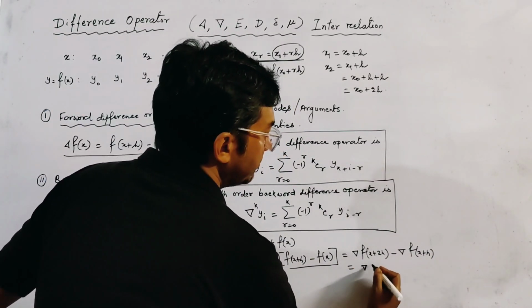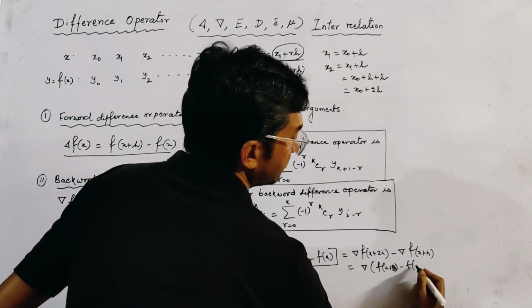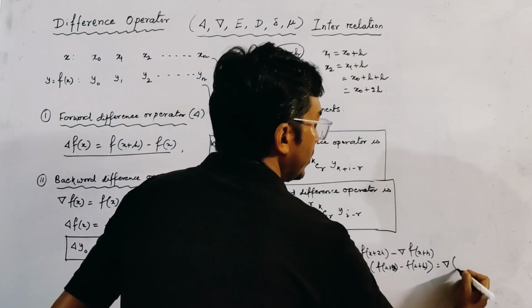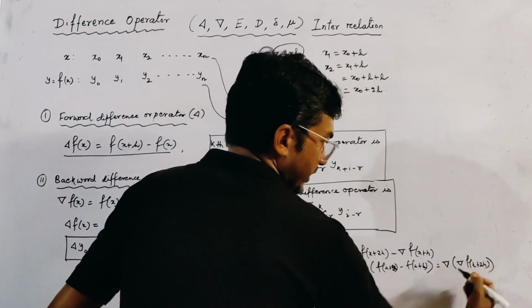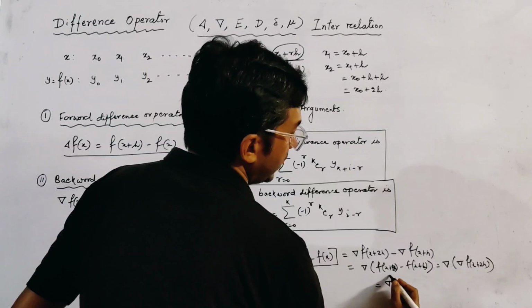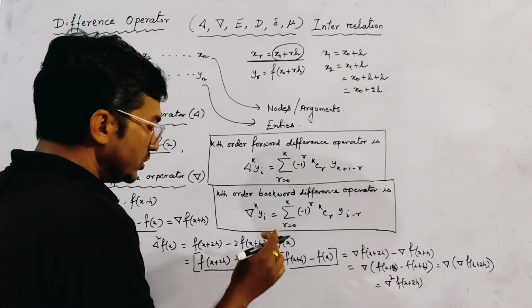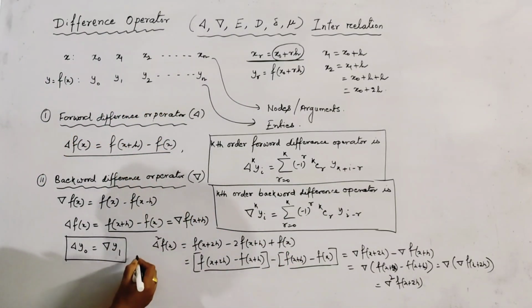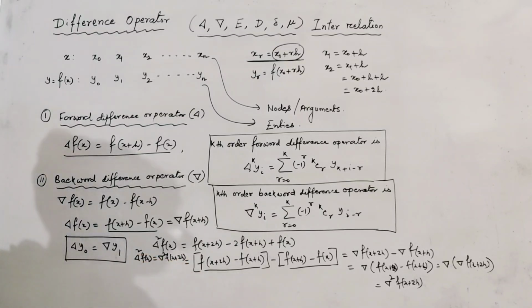So clearly this is nabla of f of x plus 2h minus f of x plus h, that is nabla square f of x plus 2h. So from this result, delta square f of x is equal to nabla square f of x plus 2h.